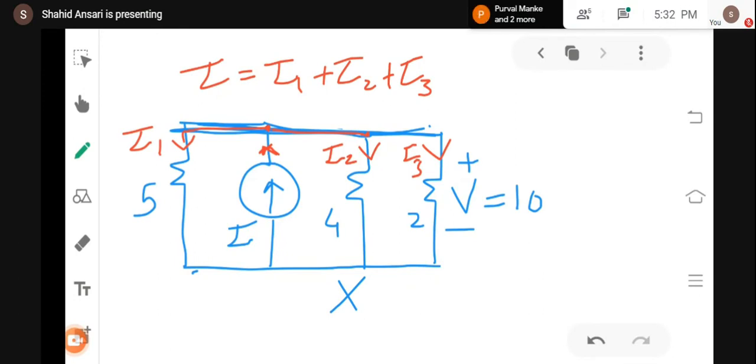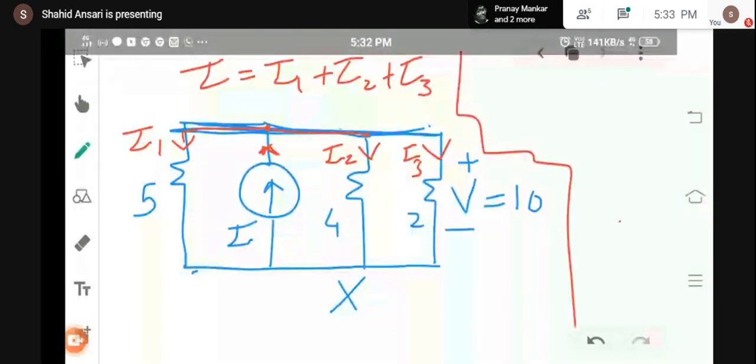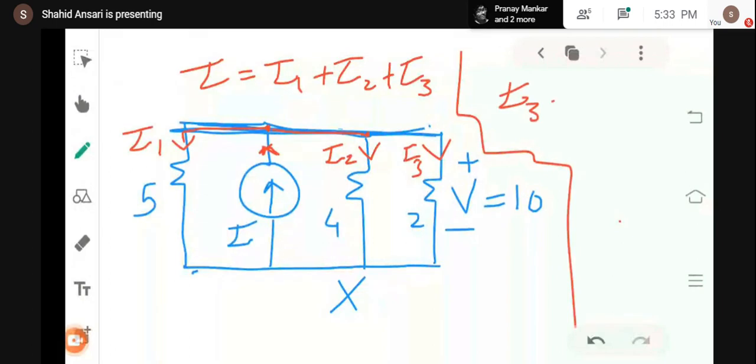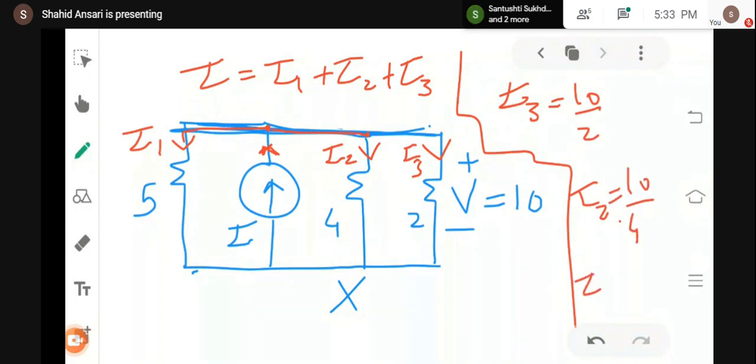We can easily find the value of I1, I2, and I3. What will be the value of I3? I3 will be simply 10 by 2, right? What will be the value of I2? It will be 10 by 4. What will be the value of I1? It will be 10 by 5. Now you can add.